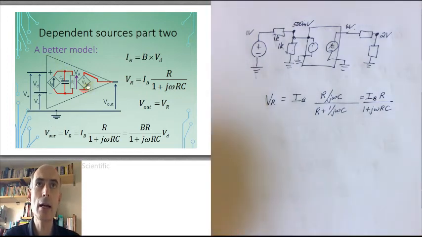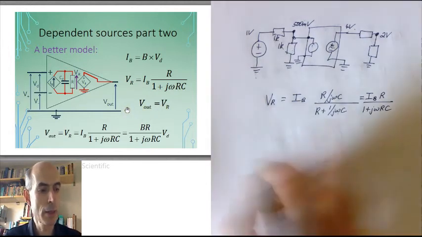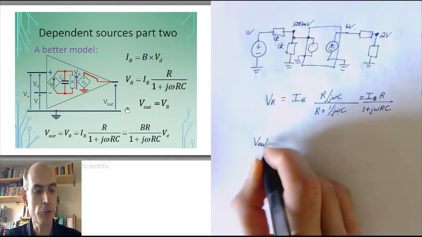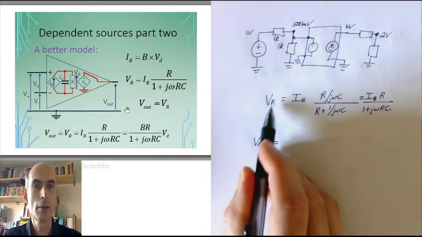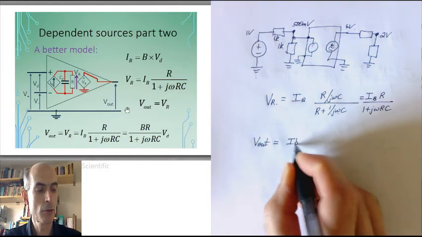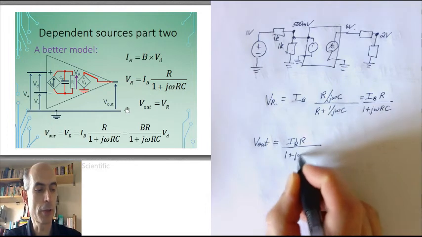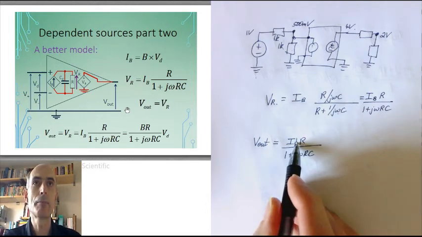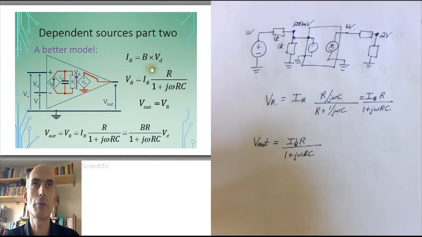There's then a further voltage-dependent voltage source which produces the output voltage, and its value is equal to the voltage that appears across the resistor. That just gives us Vout equals VR. Put all of this together and we end up with the output voltage is VR, which is IB times R over 1 plus j omega RC, and IB is B times VD from up here.